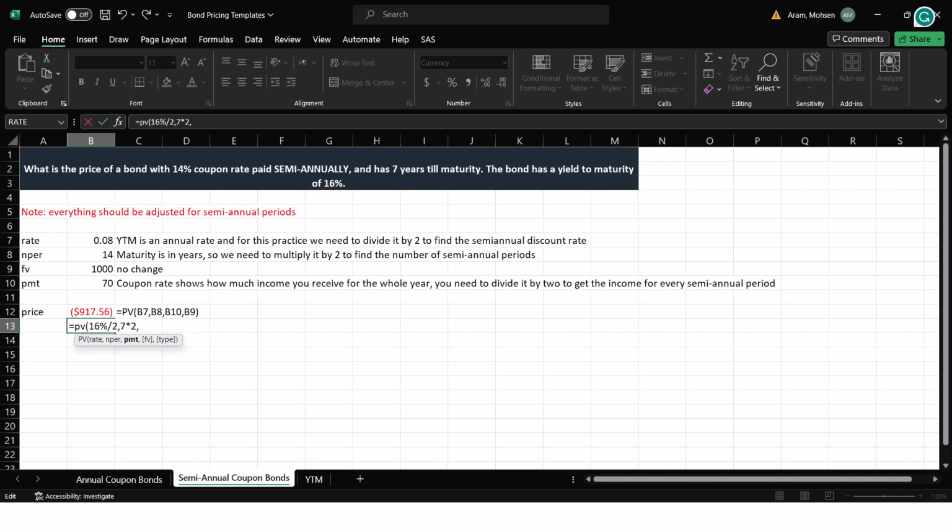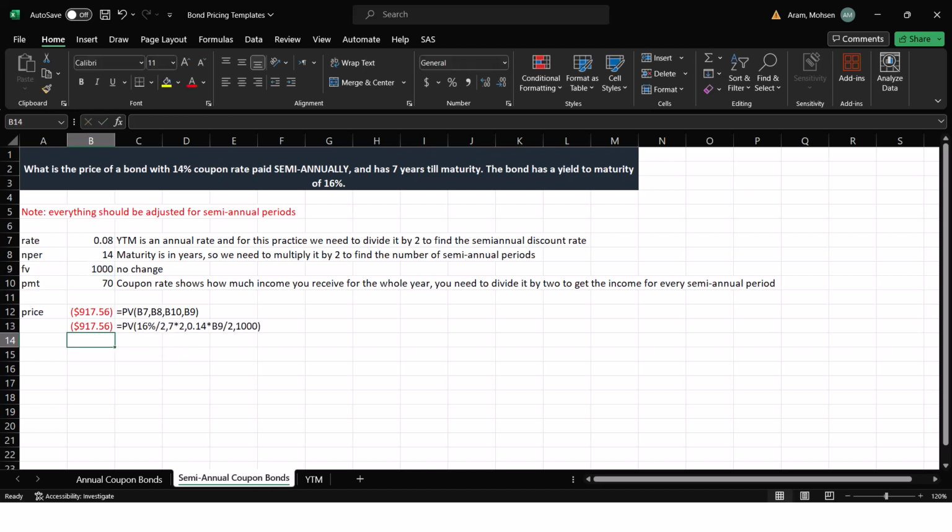Payment would be 14% multiplied by 1,000, which is your face value, divided by 2, and future value would be 1,000. So you should be getting the same price. What I'm trying to say is that you can do your calculations within the formula as well.